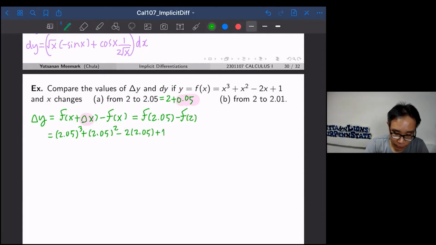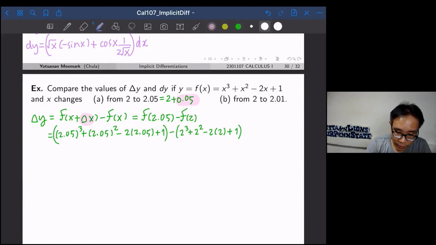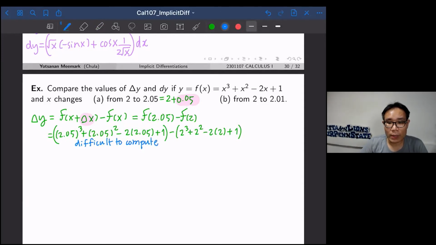And f(2) is 2 cubed plus 2 squared, minus 2 times 2 plus 1. You see that this can be computed by hand, but it's going to be difficult to compute.